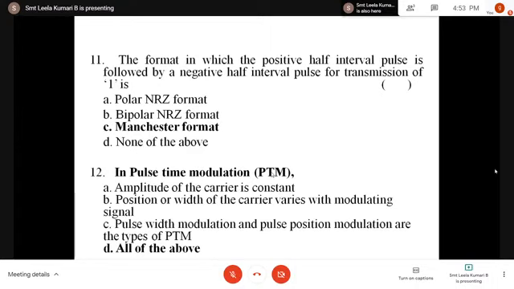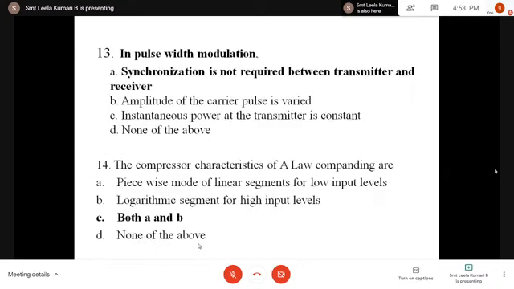So here in both the cases the amplitude is constant, so option A is correct. And position or width of the carrier varies with modulating signal, since it is pulse width modulation and pulse position modulation. Therefore option B is also correct. And pulse width modulation, pulse position modulation are the types of PTM. So that is also correct. So all the three options are correct. So D option, all the above, is correct answer.